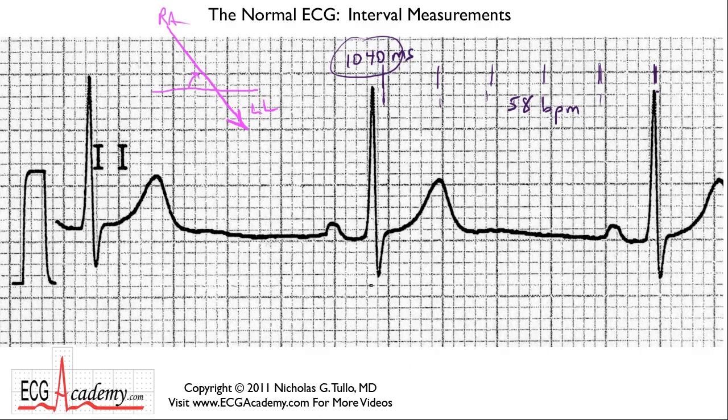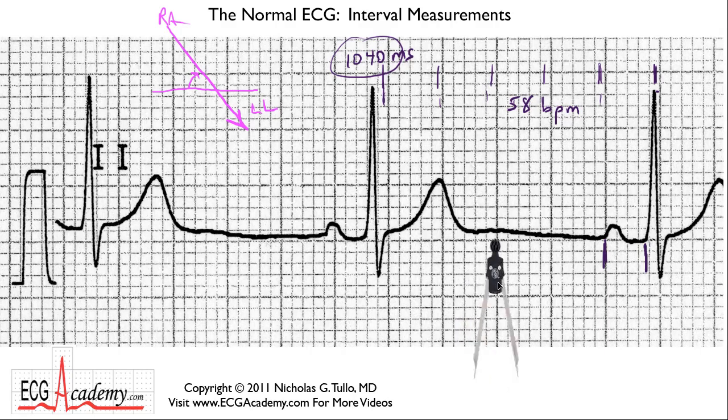Okay, now what about the PR? Well, you're going to look for the beginning of the P wave as best as you can tell. Now here's a P wave that's right on the heavy line here. So you measure the P wave to the beginning of the QRS complex. Okay, you have to be precise with this, so sometimes it helps to take out a pair of calipers. And there they are, our trusty calipers.